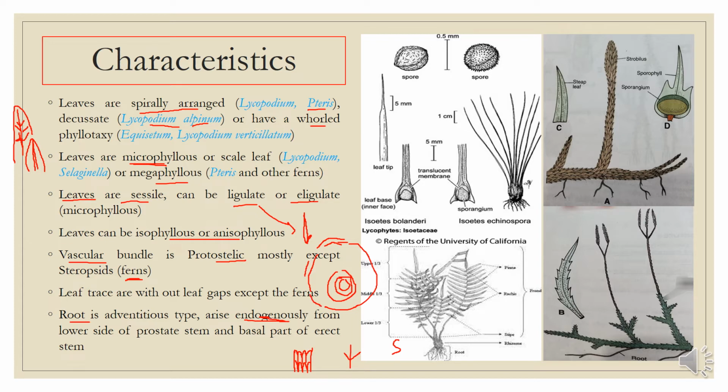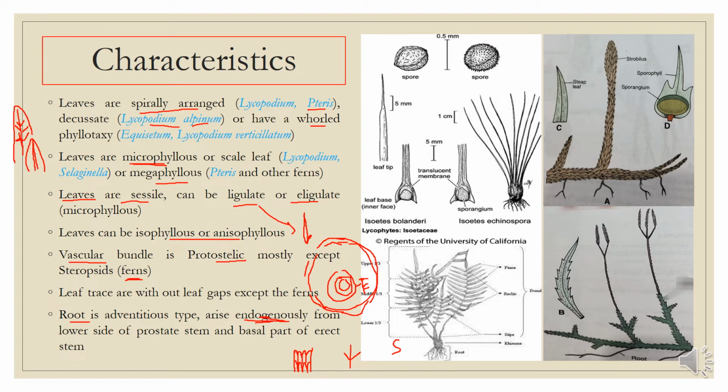If we say a plant has an endogenous root, then that root originates from the endodermis or the pericycle. They are called endogenously developed roots.